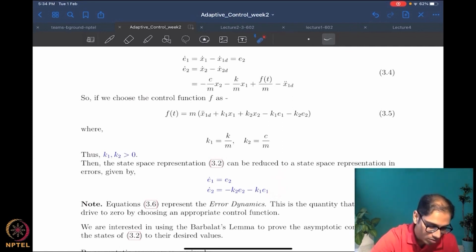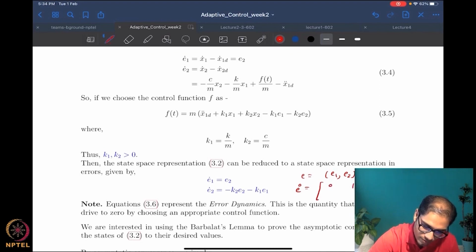Then you say E is E1 E2 transpose. So then you have E dot is [0 1; minus K1 minus K2] E. And then I compute eigenvalues.